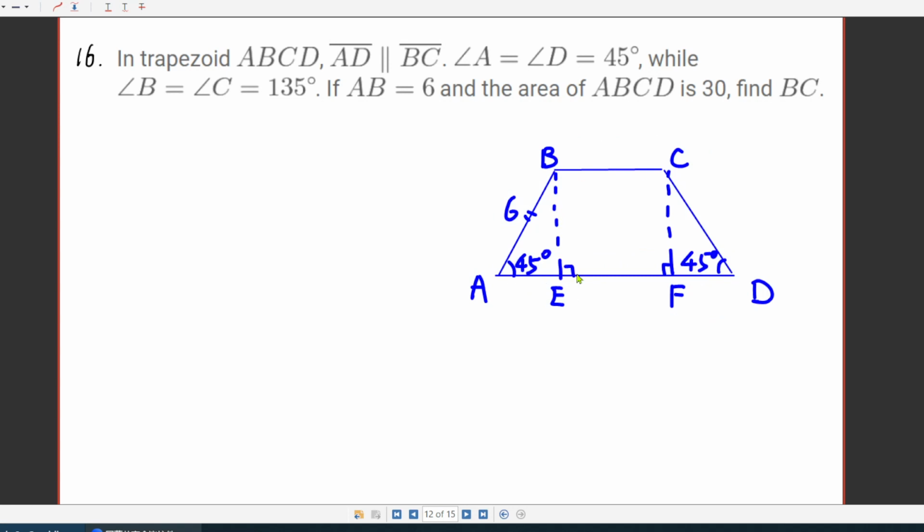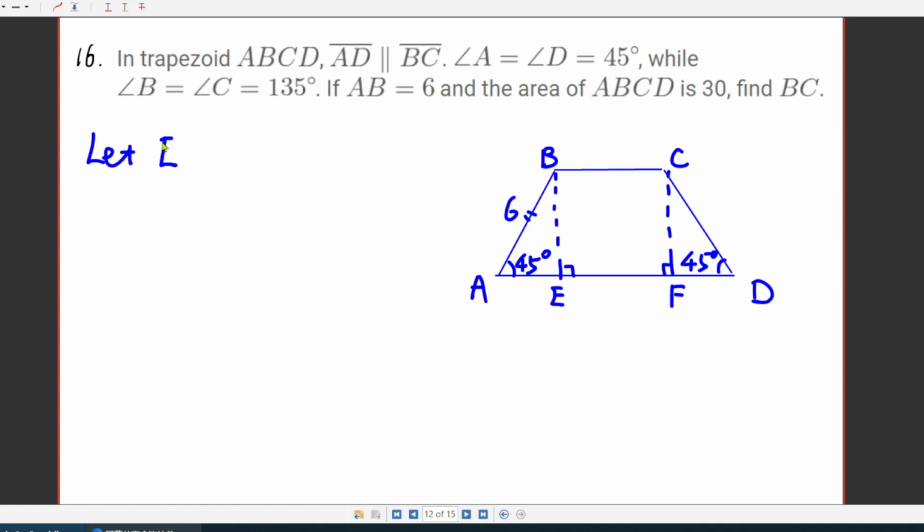So let's start from the very beginning. First of all, because we have some auxiliary lines, you should state how you drew the auxiliary lines like this.